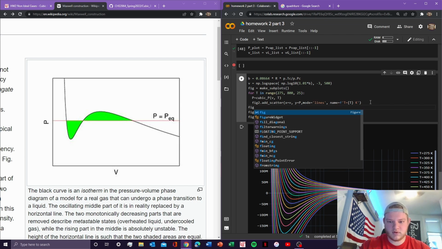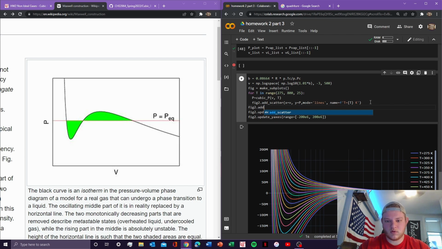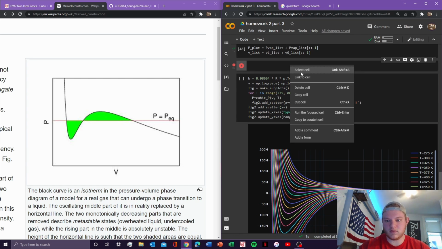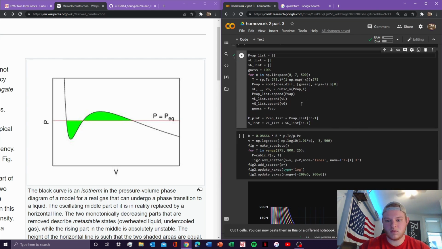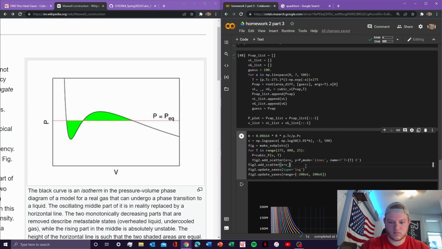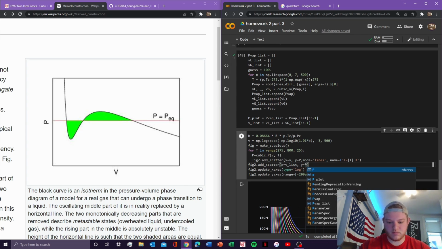We're going to do fig 2 and scatter our x. Remember, we want the x to be the v, so we have v list. We want our y to be p plot.